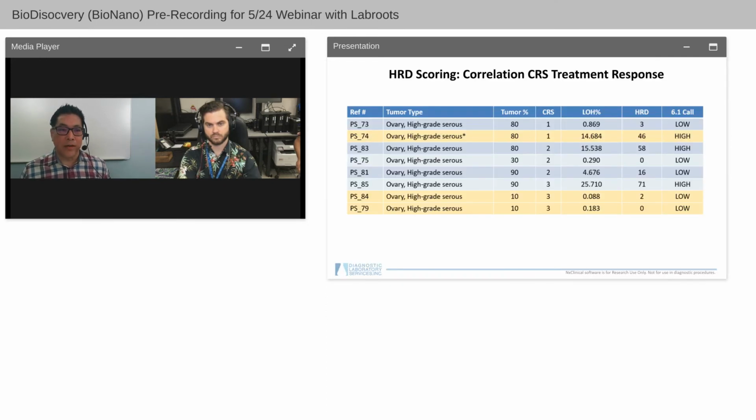We also took a physiologic look at HRD, and we compared the chemotherapy response scores for ovarian high-grade serous cancers. And this is a score that is used to assess the cancer's sensitivity to taxane therapy.